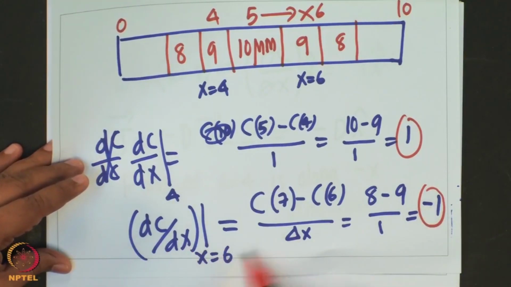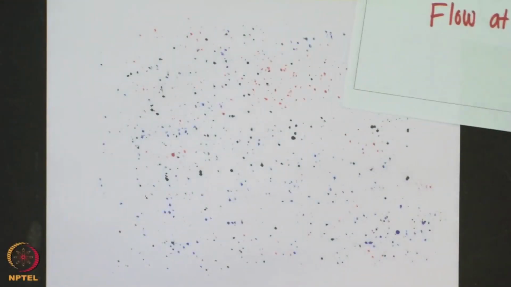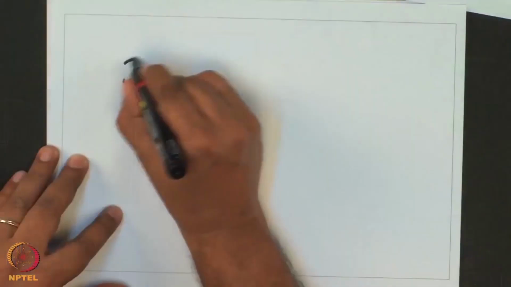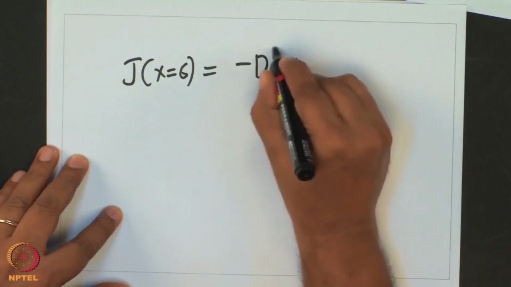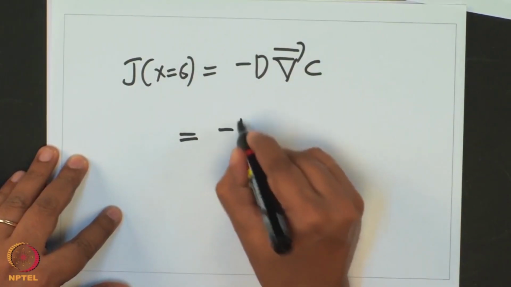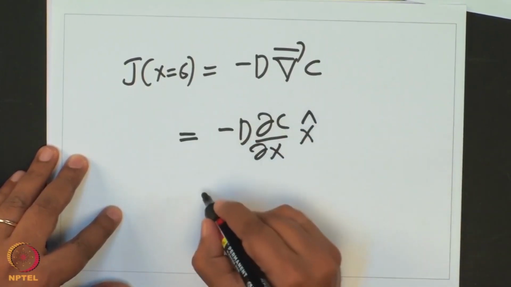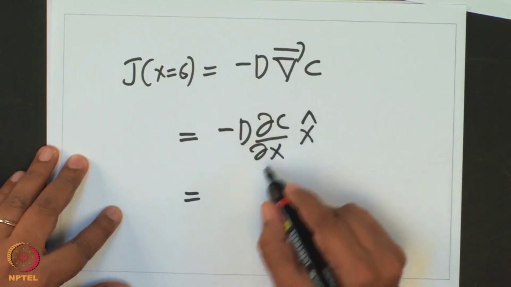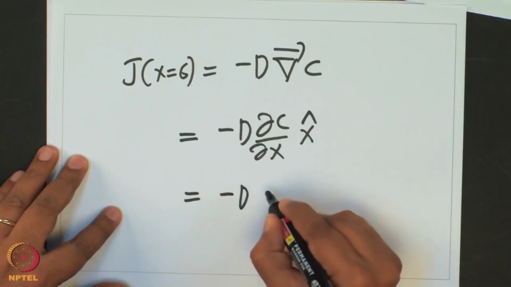So if we write J is equal to minus D del C, let us write J at x equal to 6 is minus D del C by del x x cap, and the del C by del x here is minus 1.